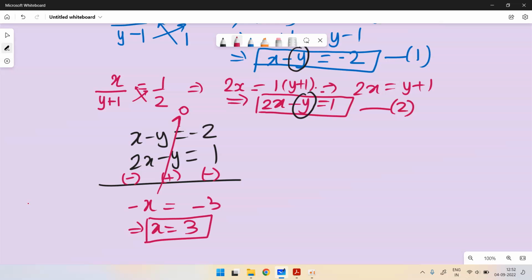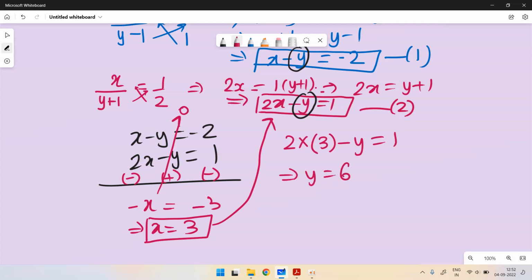Now if you put the value of x in equation number 2, it becomes 2 into 3 minus y equal to 1, which implies y equal to 6 minus 1 equal to 5.